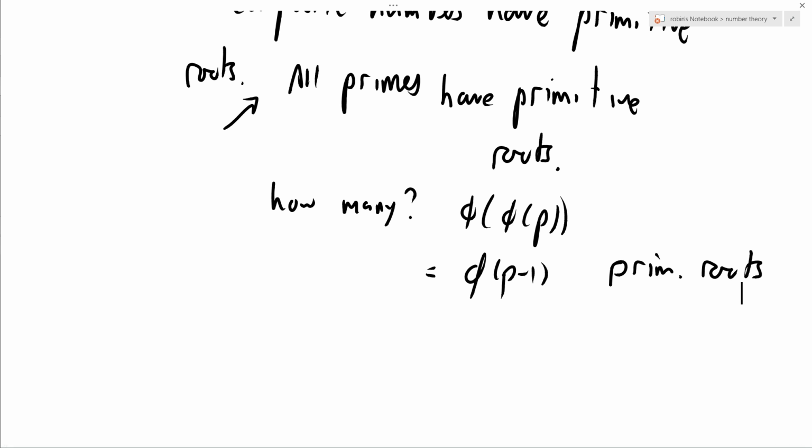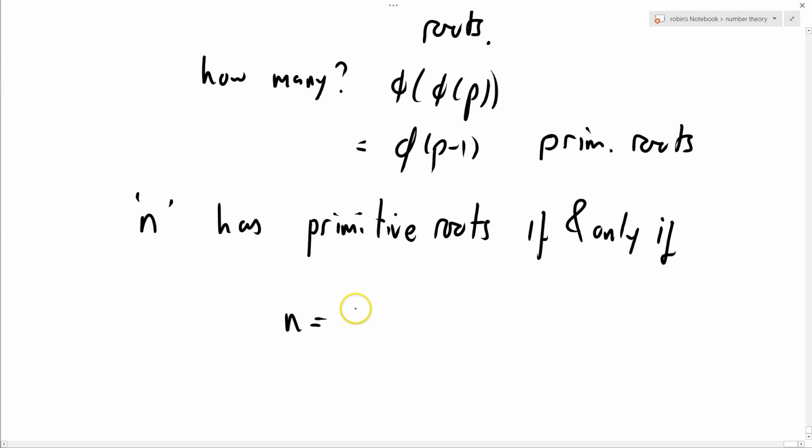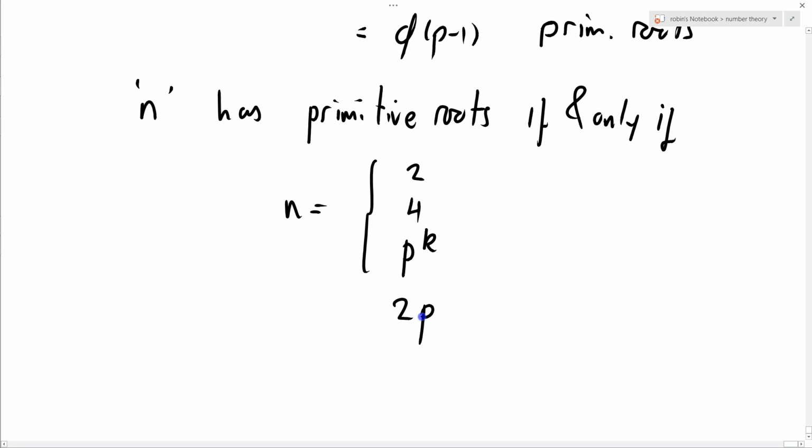Now, you can spend a lot of time mucking about like this, but basically n has primitive roots, and I will not prove this either, because the proof is quite long, if and only if n equals 2, or 4, or p to the power k, or 2 times p to the power k, where p is an odd prime.